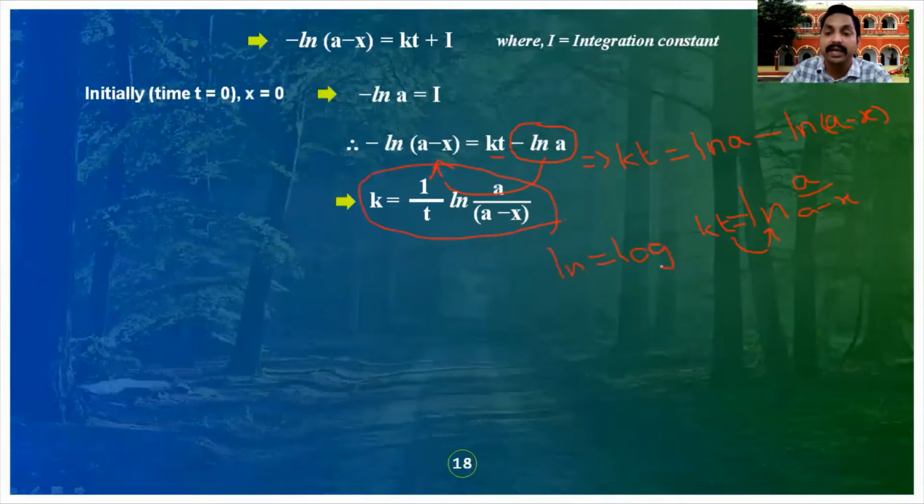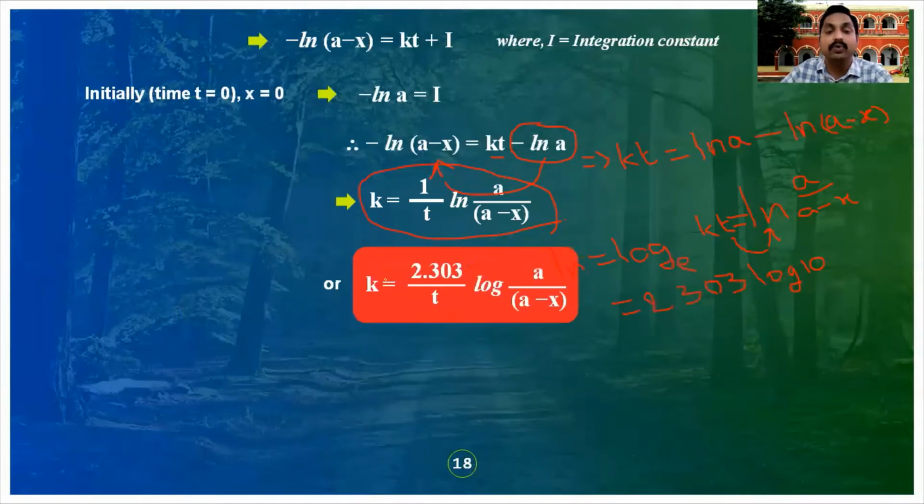So how do we write this in terms of log base 10? This is equal to 2.303 into log base 10. Now k is equal to 2.303 by t log a by a minus x.